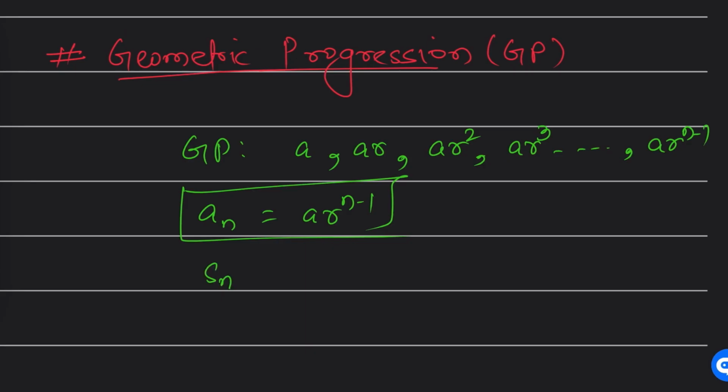Next, summation of n terms of a GP. If you add, you can prove it, but I don't want to prove it because proof is not required; what is required is the formula. So S_n = a(r^n - 1)/(r - 1).